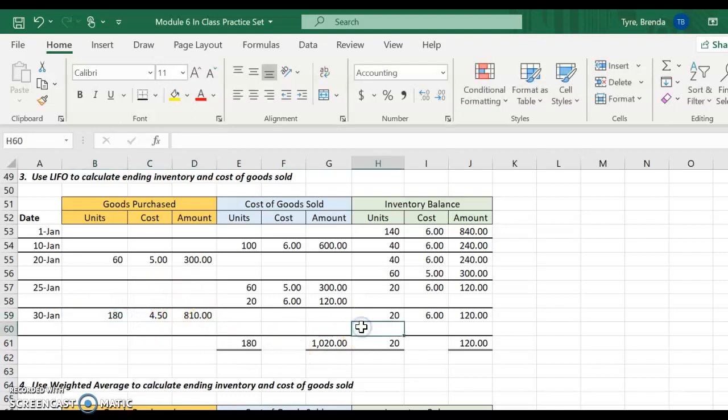And we bring those over into our ending inventory because we haven't sold any of those yet. Extend out. And we wind up with ending inventory of $930, cost of goods sold of $1,020, and that concludes this lesson.